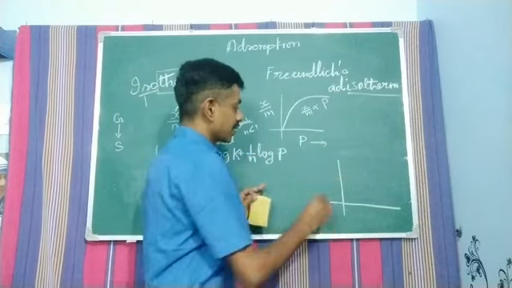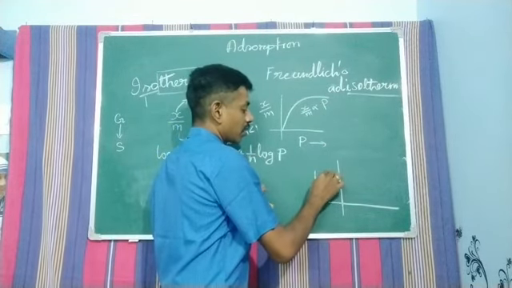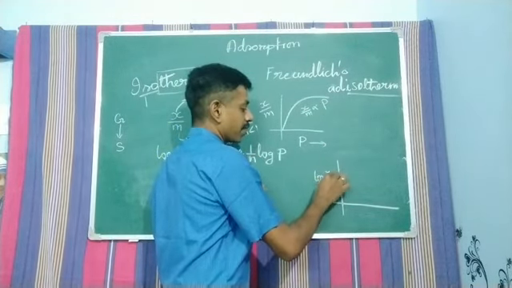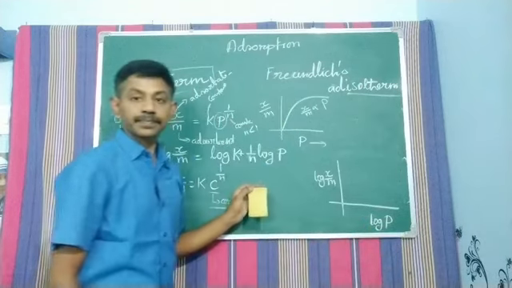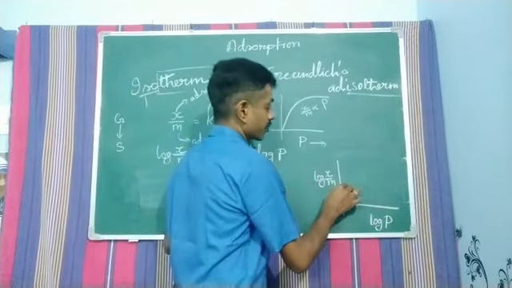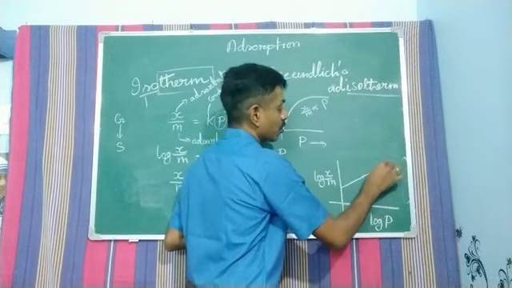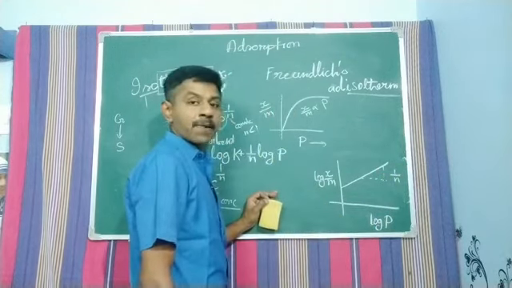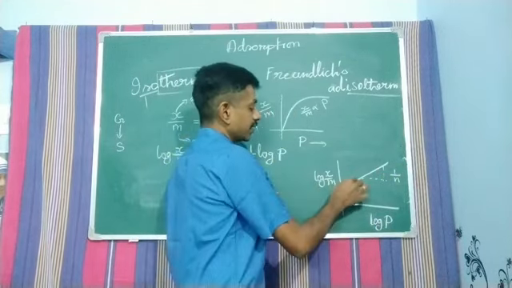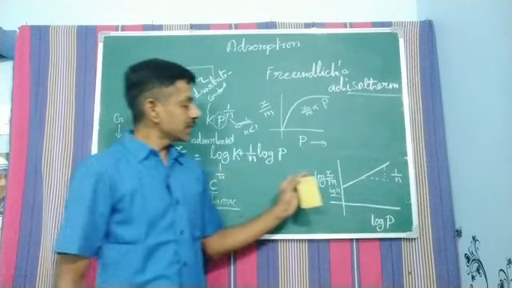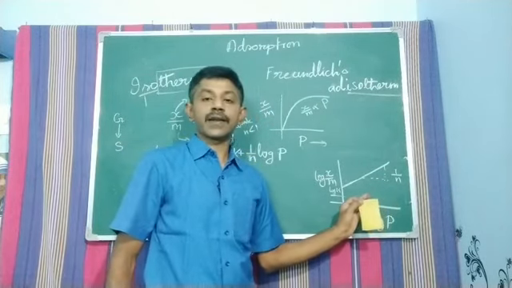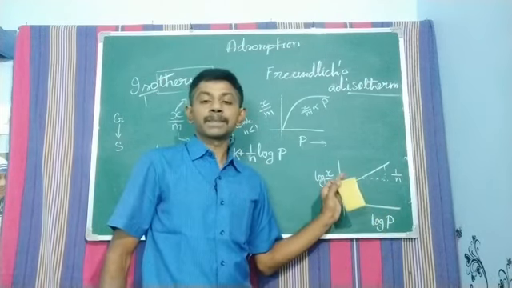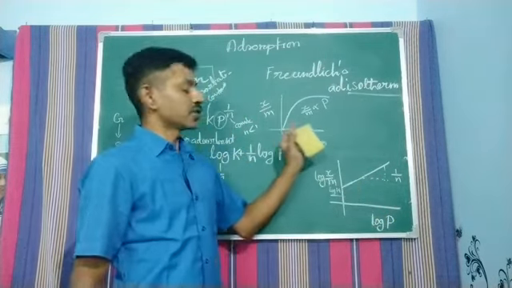Now in the next case, he is comparing log x by m with respect to increasing pressure, that is, log P. There he received a straight line with a slope value of 1 by n. If he extrapolates, he will get a log K value here. This is a clear indication for us to understand that pressure plays a role in adsorption.